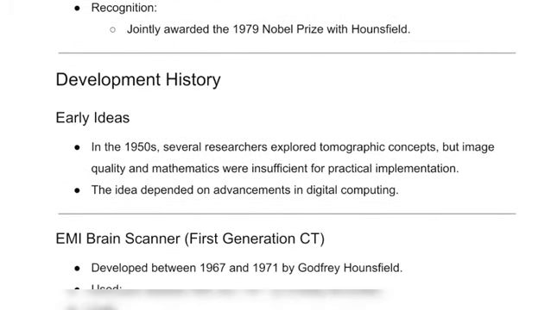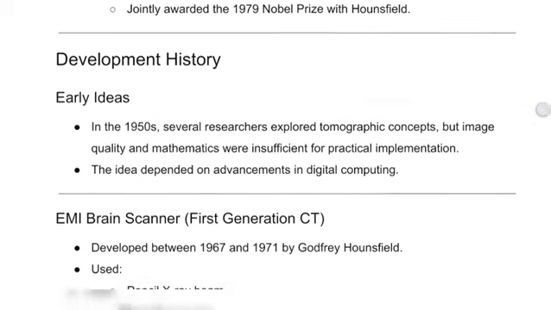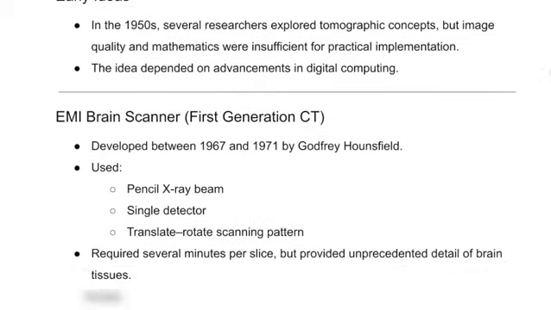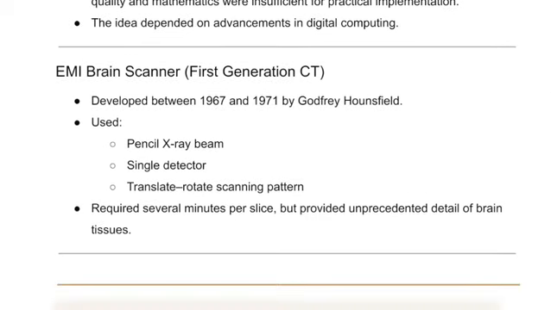Next is the history of development. In the early ideas, in the 1950s, several researchers explored tomographic concepts, but image quality and mathematics were insufficient for practical implementation. So the idea depended on advancements in digital computing. First, they introduced the EMI brain scanner, the first generation of computed tomography.